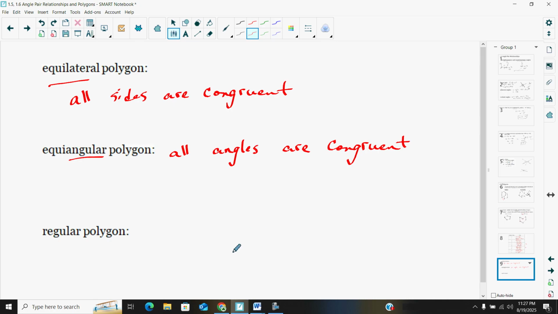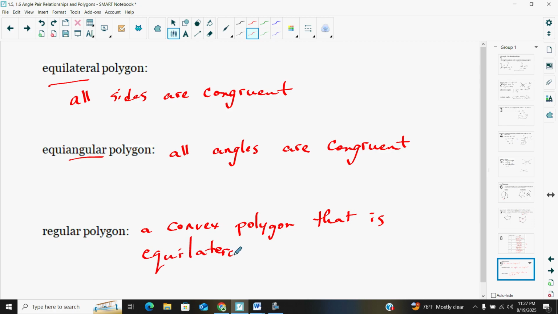And a regular polygon means that it has to be convex and it has to be equilateral and equiangular.